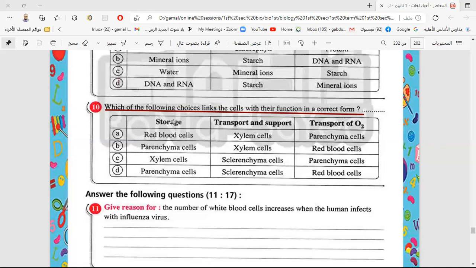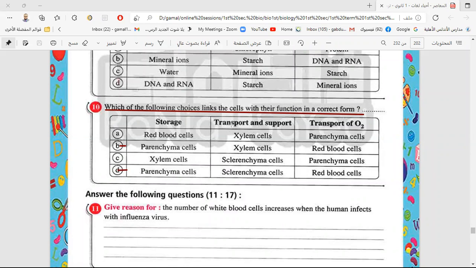Of course, storage is parenchyma cells. So we are choosing between B and D, because storage is not in blood cells and not in the xylem cells.